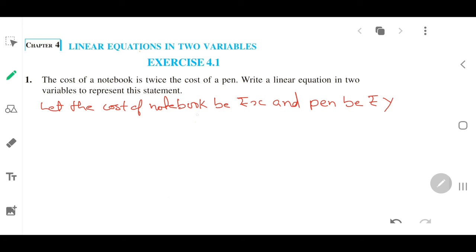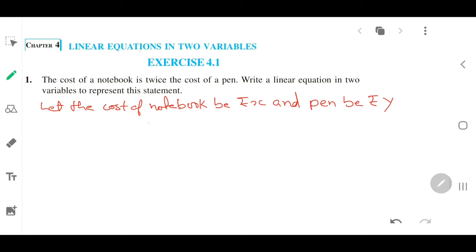So we have taken the cost of notebook as rupees X and the cost of pen as rupees Y. Then we have to write a linear equation in two variables to represent this statement. So it is given the cost of a notebook is twice the cost of a pen. Correct? So the cost of pen is given as Y. And the cost of notebook we have written as X.